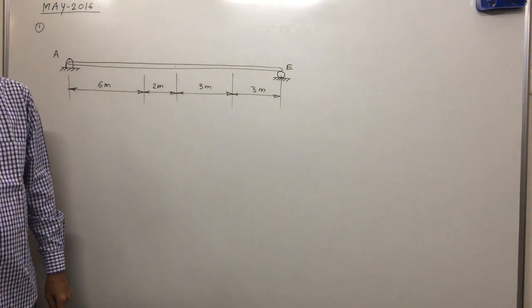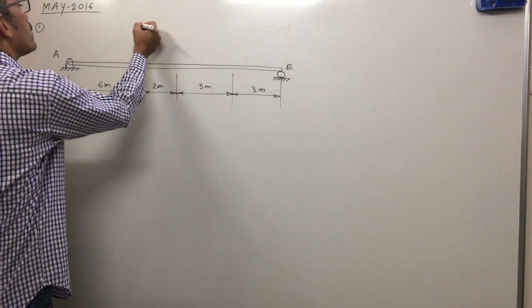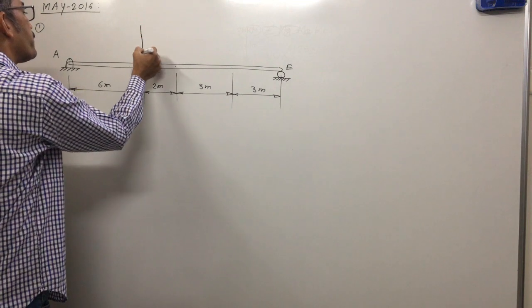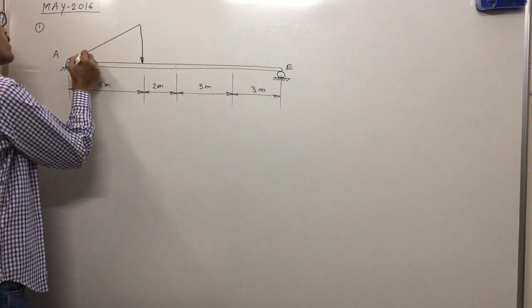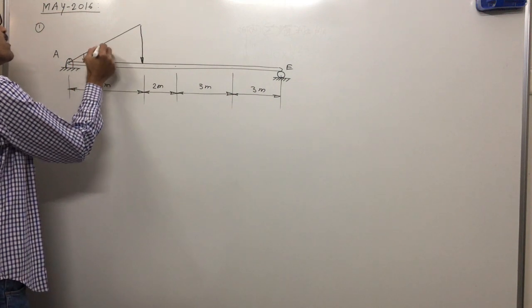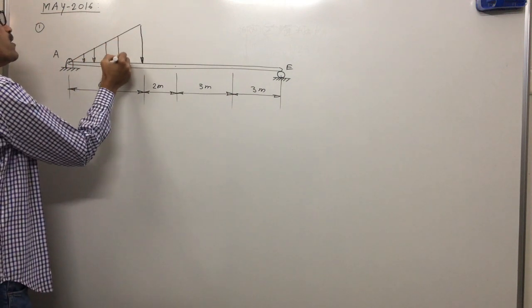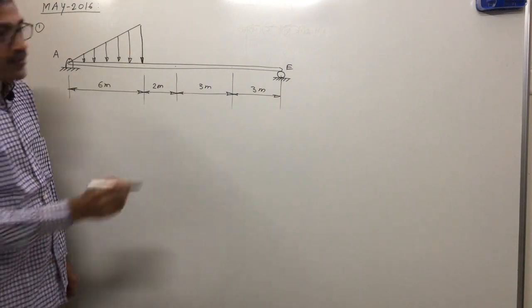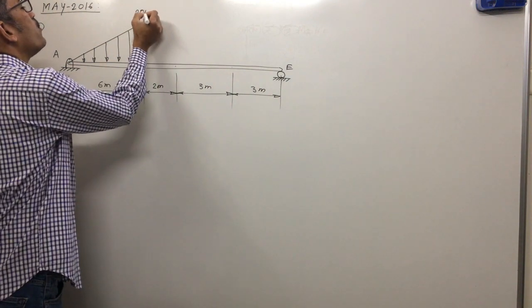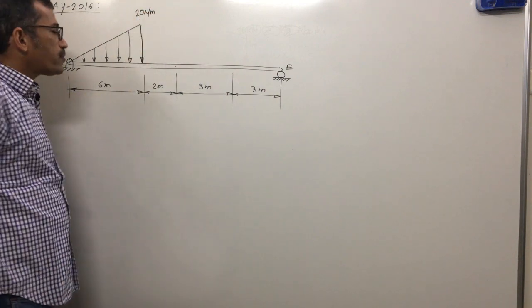What loads are given, I will represent here. First, in 6 meter, what is given? A UVL, acting in the downward direction. The magnitude of this load is 20 newtons per meter.